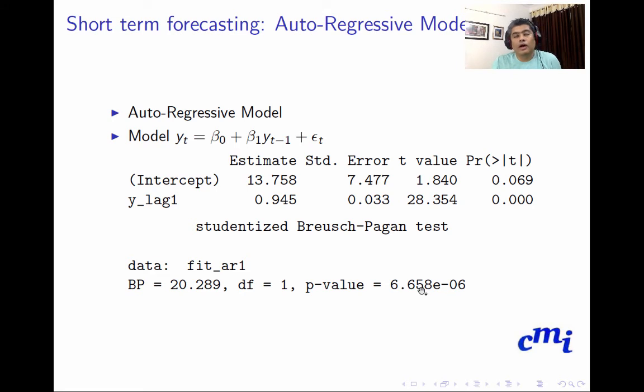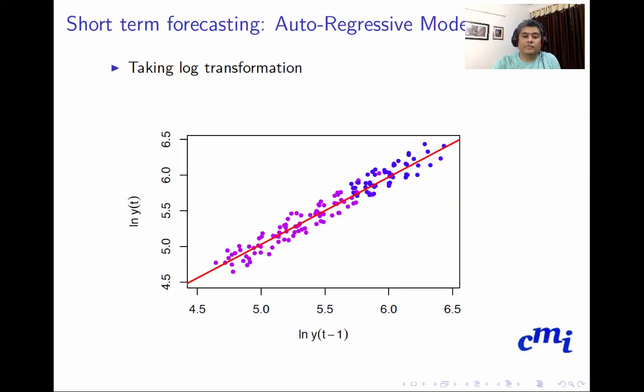So in light of the data, we can reject the null hypothesis, which says that it is homoscedastic, and say that no, it is not homoscedastic, so it is actually a heteroscedastic dataset.